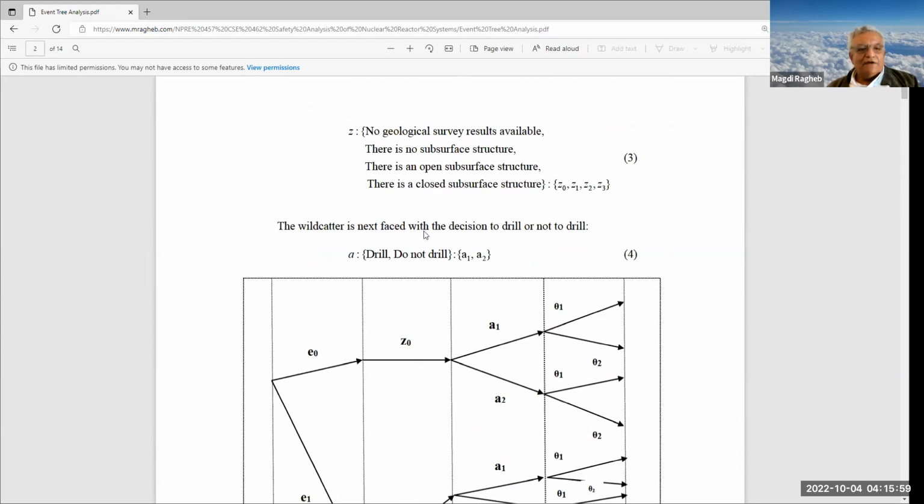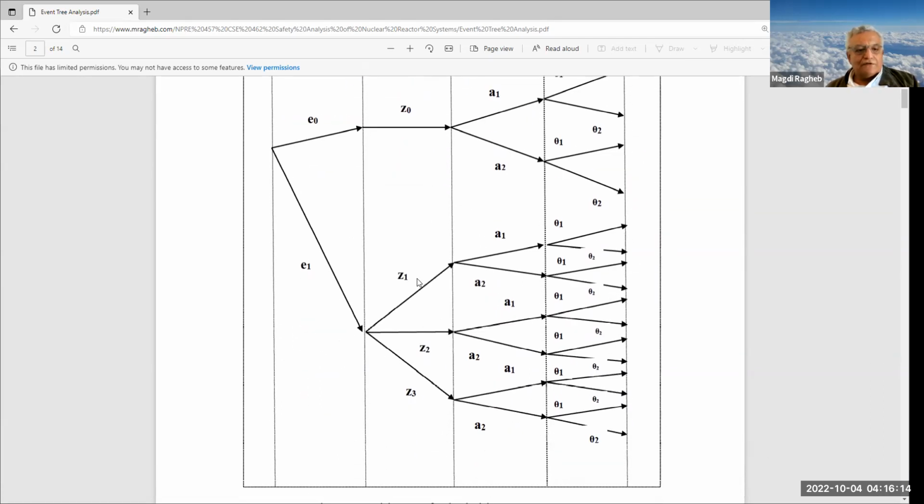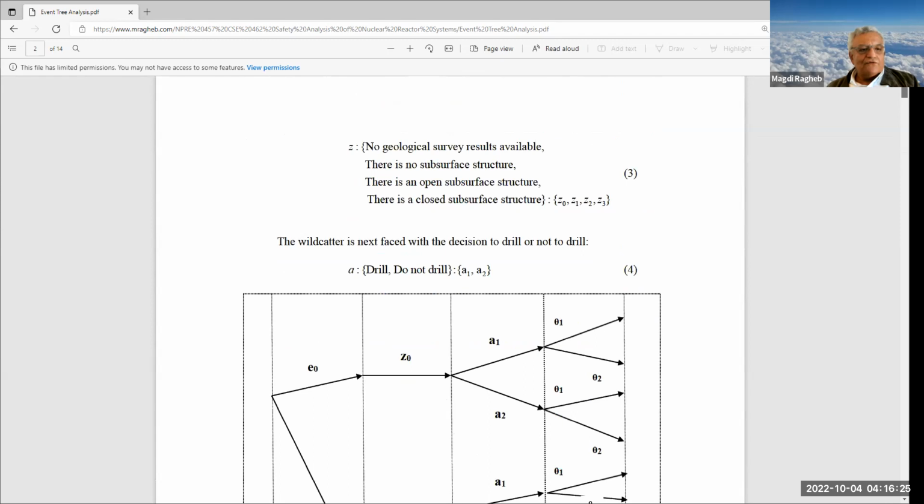That eliminates the subsurface structure, or here the 3, Z1, Z2, and Z3, and he goes only through Z sub 0, or he discovered that maybe there is a subsurface structure. So he's faced with Z1, Z2, Z3 as an outcome. Having gone through that, he goes to the decision making of A. Here, A1, A2, drill or no drill.